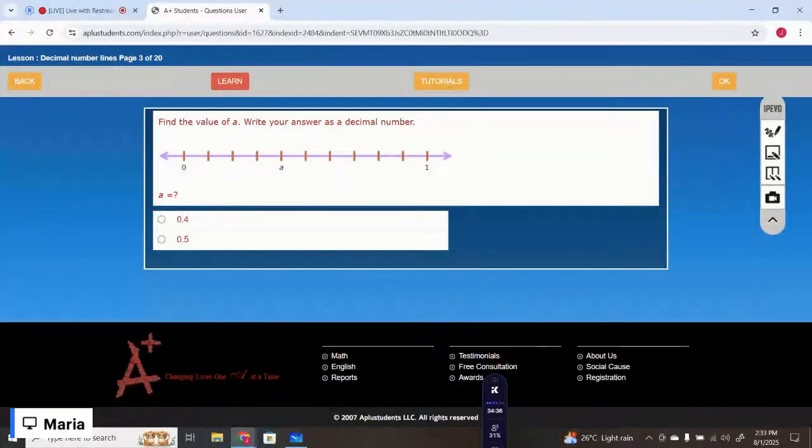Find the value of A. A equals 0.4. Option number 1 is the correct option.